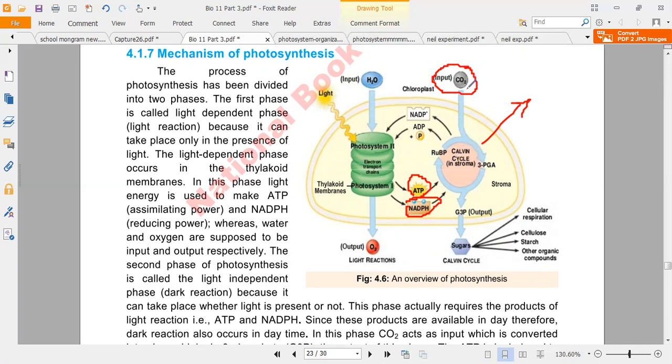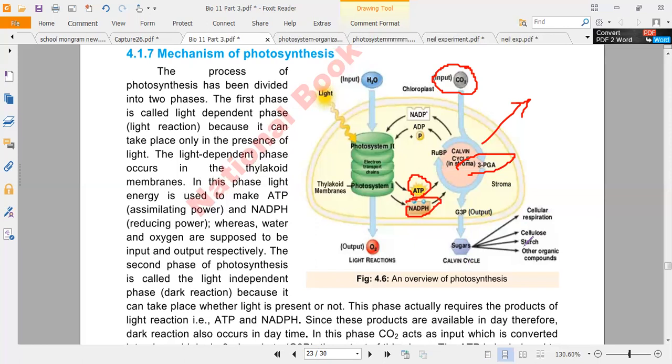The carbon dioxide changes into 3-PGA, the first component formed here, and then it is changed into G3P, and this G3P later changes into sugar. This sugar is used for cellular respiration, for cellulose, starch, and other organic compounds.